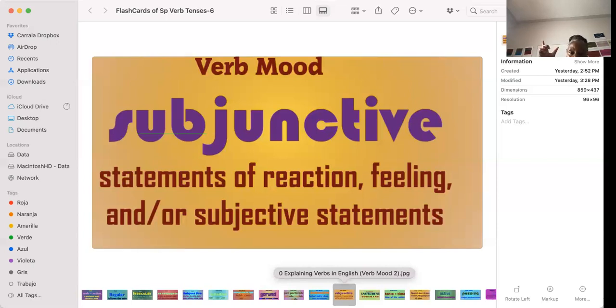Clauses like I want that, or I hope that, ojalá que, quiero que, and other verbs that in the second clause require the subjunctive, right? I'm definitely going to do videos, but I'm also thinking about making placemats, so when you're eating, you're looking at the subjunctive. I think that's enough for the subjunctive.